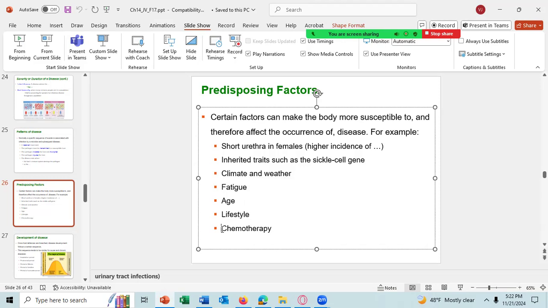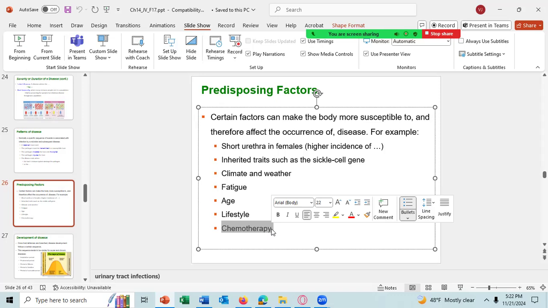Chemotherapy can also predispose an individual to becoming more likely to become infected. Chemotherapy, not only does it weaken the immune system, but it can also damage the body, like the mucosal membrane or even the skin, and make it more likely that the patient will come down with an infection. Any question about any of these predisposing factors?